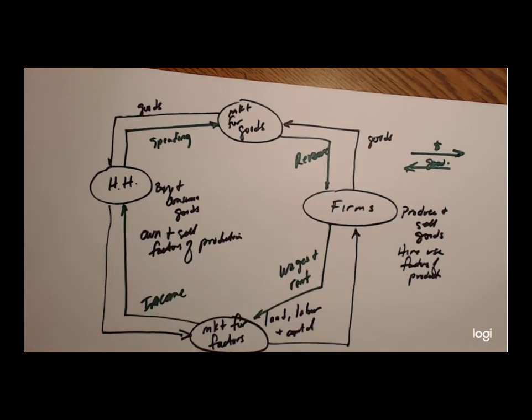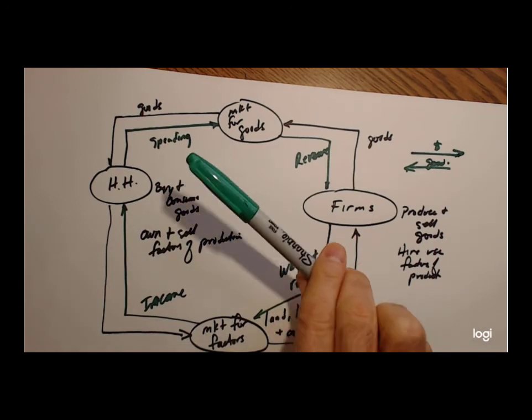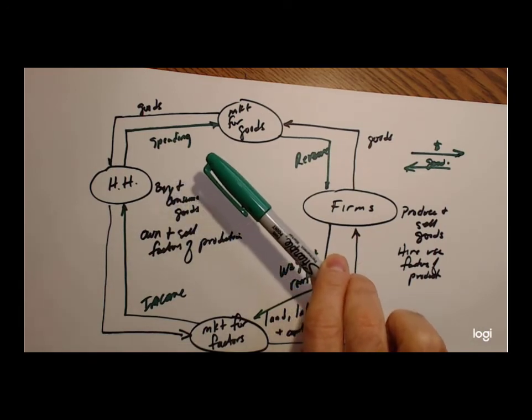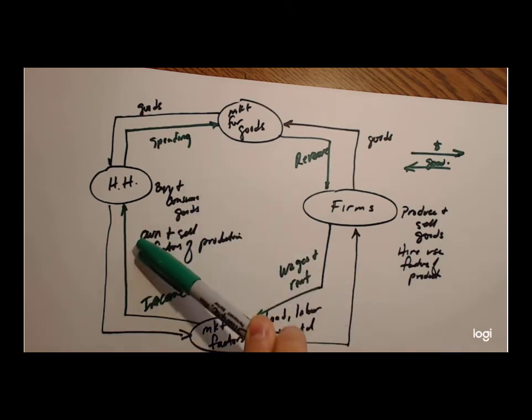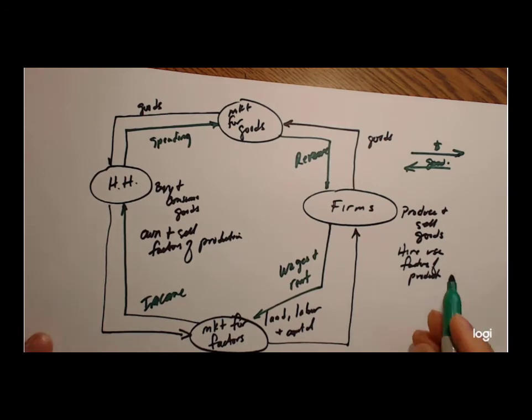So there you have a representation. And by the way, I tried to put the money movement transactions side of things in green. As you can see with the green pen, but sometimes it's kind of hard to show up on paper.